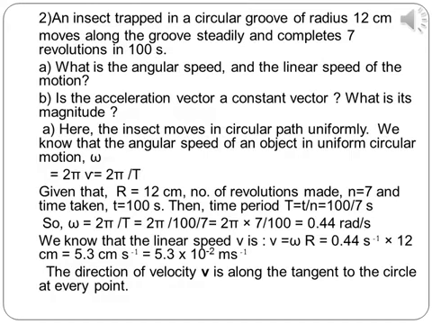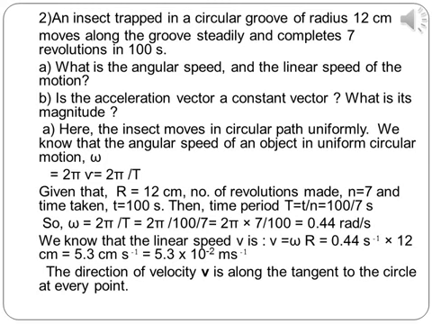The insect moves in a circular path uniformly. We know that the angular speed of an object in uniform circular motion omega is equal to 2 pi nu, which is equal to 2 pi by T, since nu is equal to 1 by T. Given that the radius r is equal to 12 centimeter, number of revolutions made by the insect n is equal to 7 and time taken t is equal to 100 seconds.